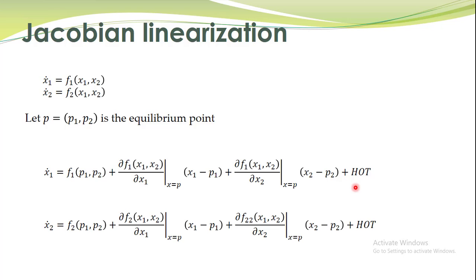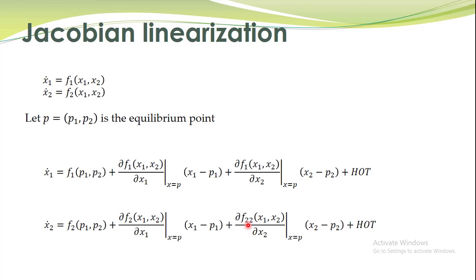orders. Similarly, for this second equation, we can also find the Taylor series expansion. So x2 dot is this function evaluated at the equilibrium point, and then the partial derivative of f2 with respect to x1, evaluated at the equilibrium point, multiplied by x1 minus p1, and likewise here is a typo, it is partial f2 over partial x2.